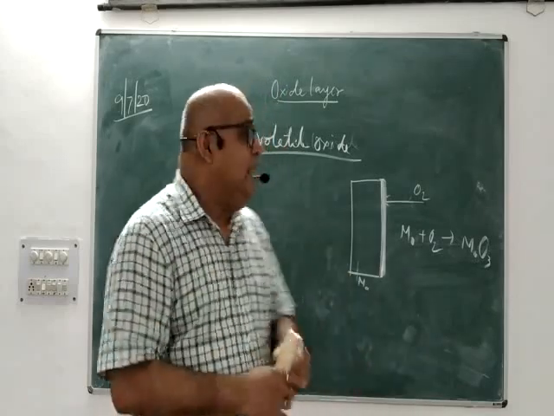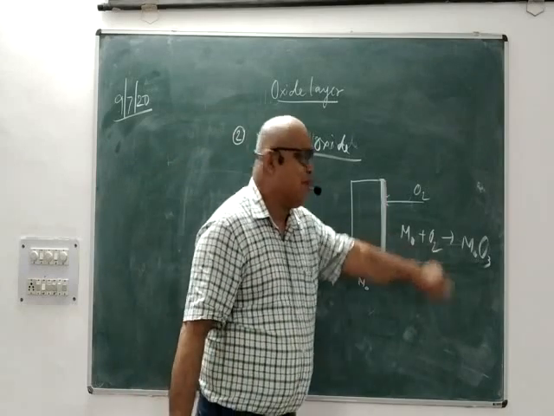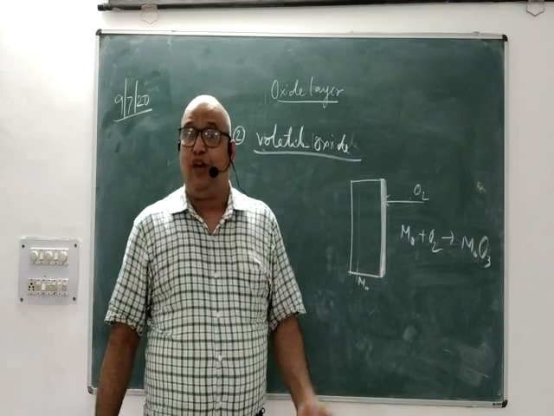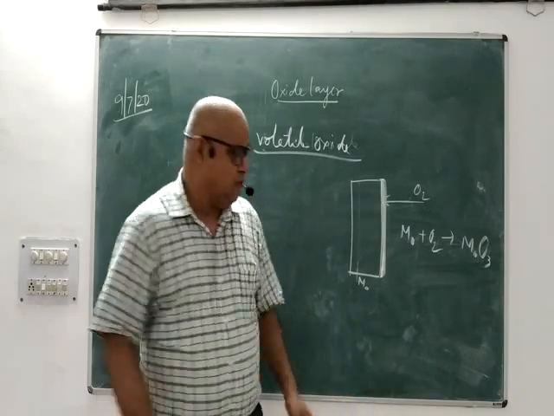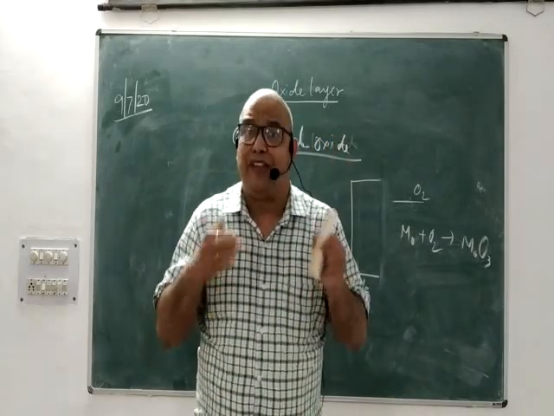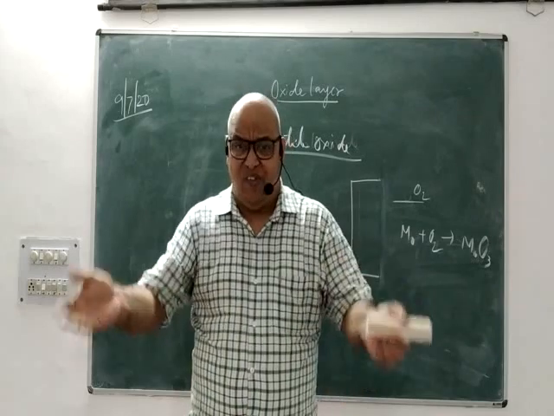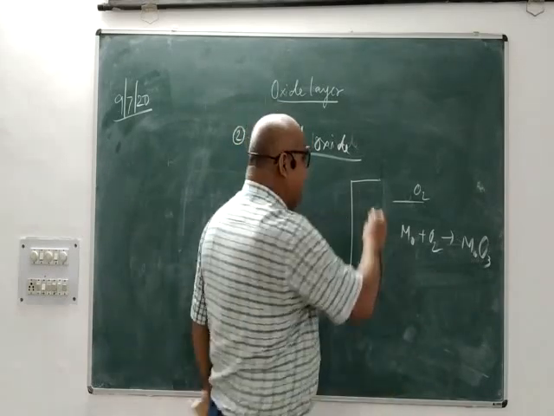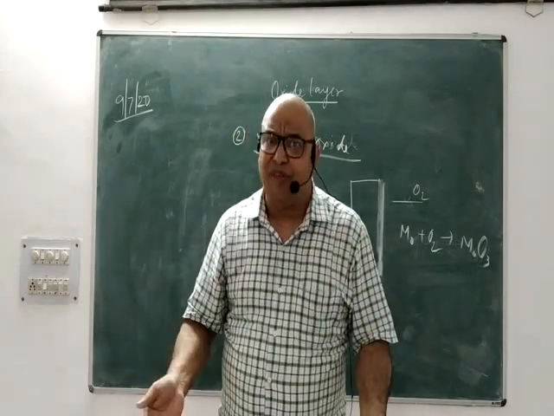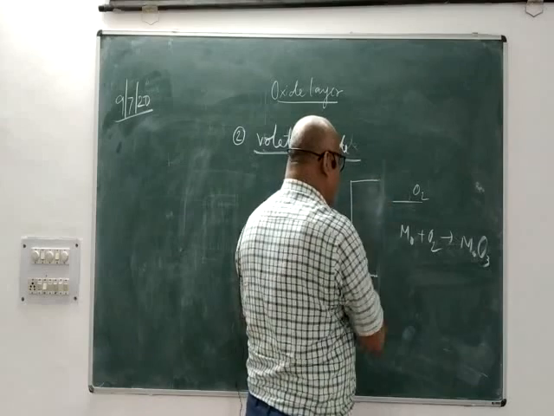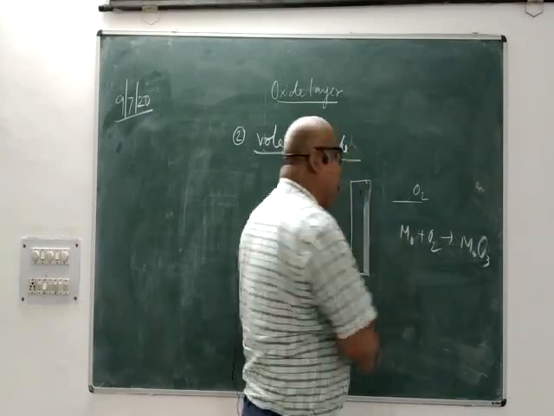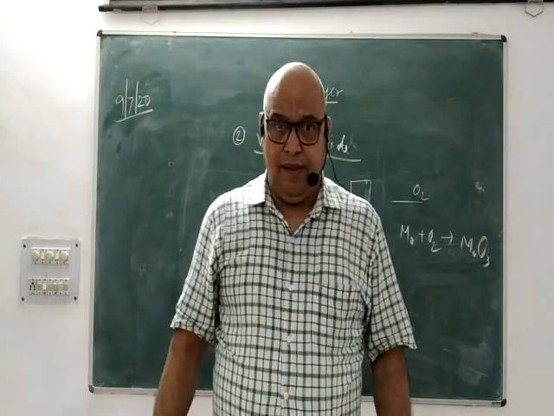Similarly, the oxide layer that is formed here, molybdenum oxide, is volatile in nature. It will go off after it is produced. As a result, the entire metallic structure will be exposed to the environment for further attack. Again molybdenum oxide layer will be formed, again it will go off, and this process will continue so long as the entire metallic structure is not destroyed.